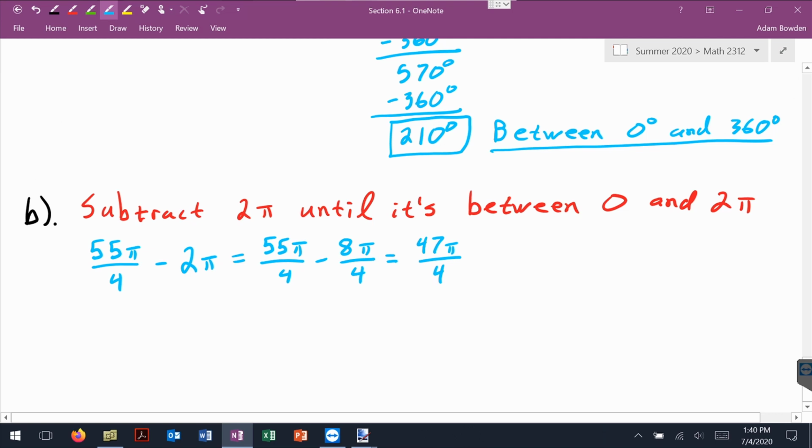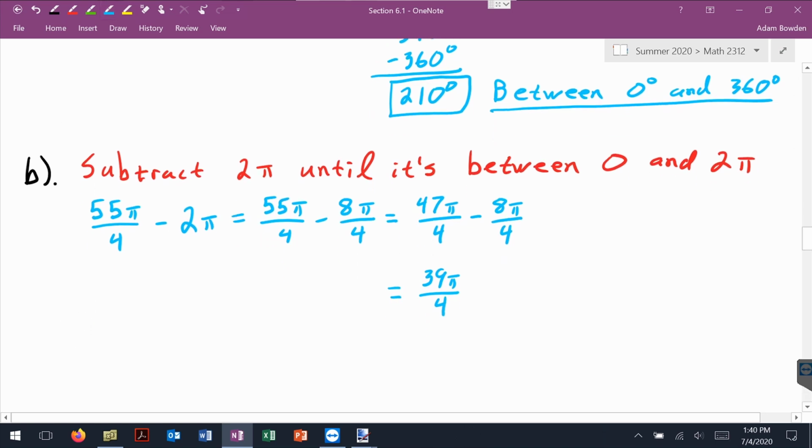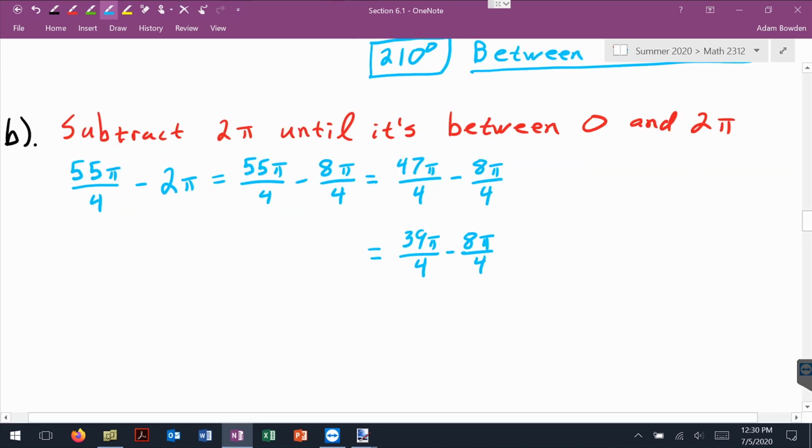Still not small enough, so we're going to keep subtracting 8 pi over 4 here. If I subtract it again, I'll come out with 39 pi over 4. Still a little bit too big, so I'll subtract it again. And so that'll come out to be equal to 31 pi over 4, which is still too large, so I'll subtract 8 pi over 4 again.